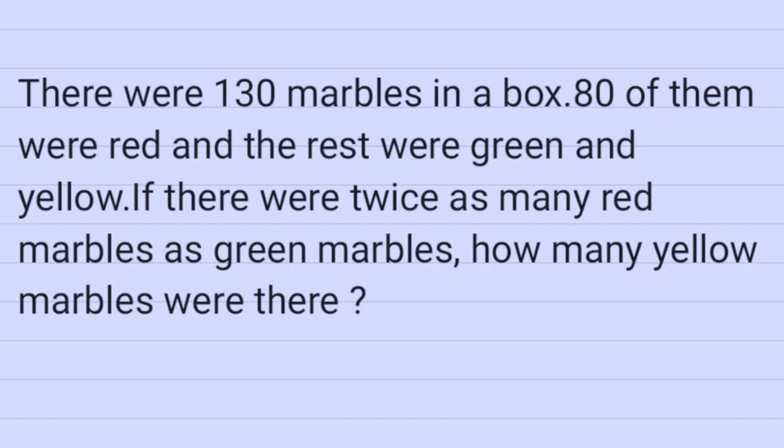If there were twice as many red marbles as green marbles, how many yellow marbles were there? So with the part-whole model, your first step is to be able to identify your whole. So we know that with this, our whole is 130 marbles.